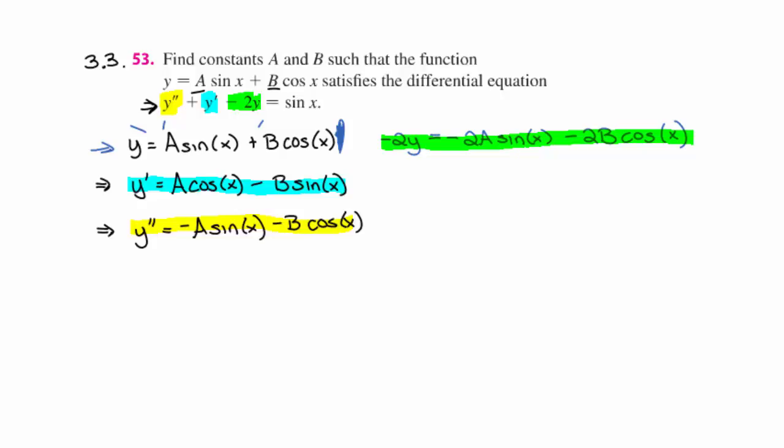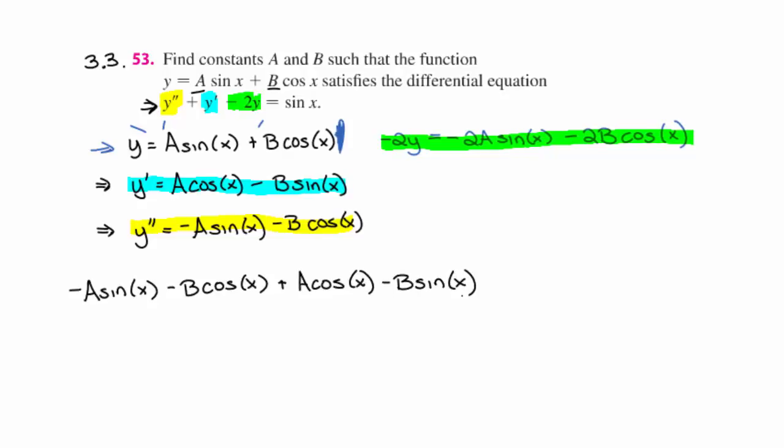That should become sine of x. Well, let's see. Y double prime has this negative a sine, so I'll write that down, minus b cosine, plus y prime, so plus a cosine of x, minus b sine of x.